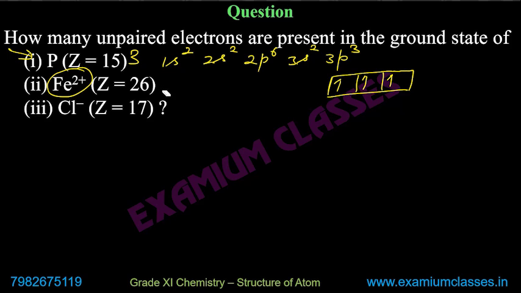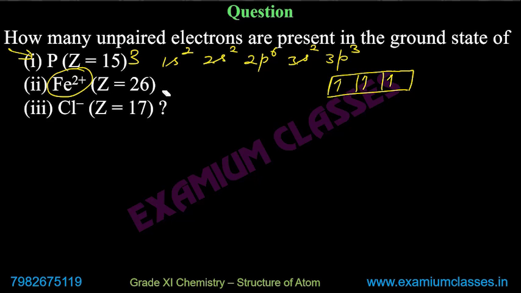And few students who think that 24 is an exception might write the configuration of chromium, which is not true. And why is it not true? That is something you need to understand. I'm explaining it.